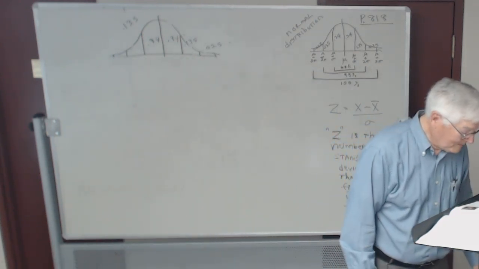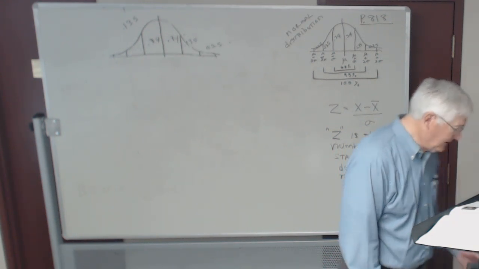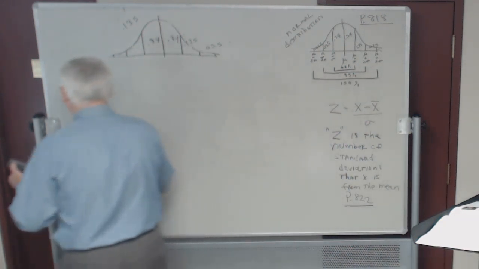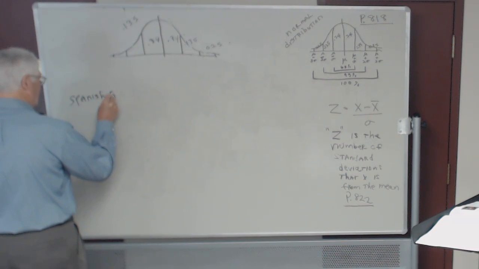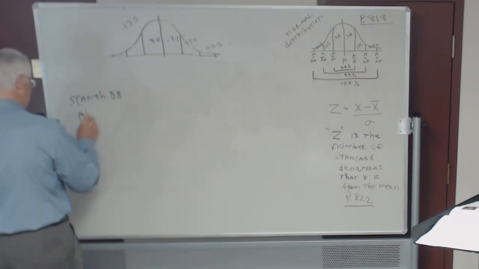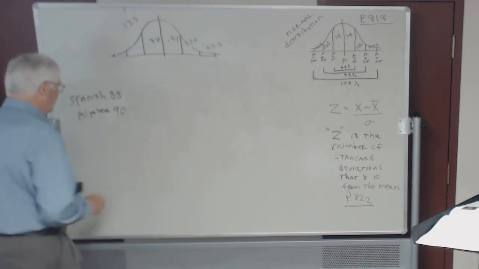Now, problem number 18. Juan scored 88 on a Spanish test and 90 on algebra. So for Spanish, his score was 88. Algebra, his score was 90.